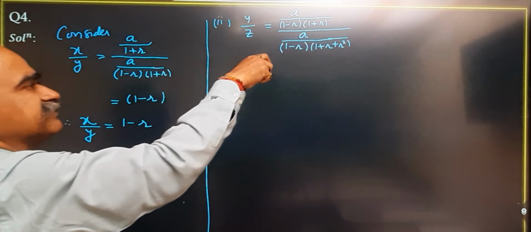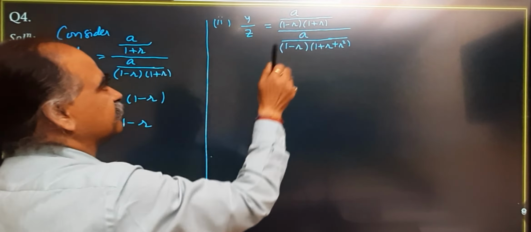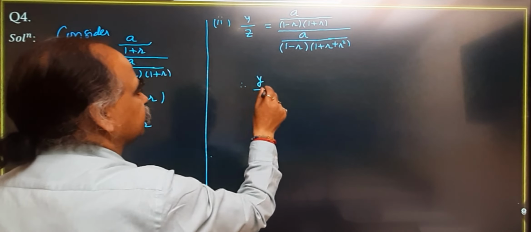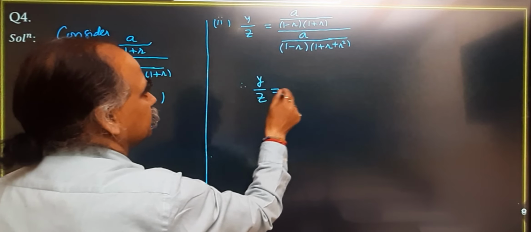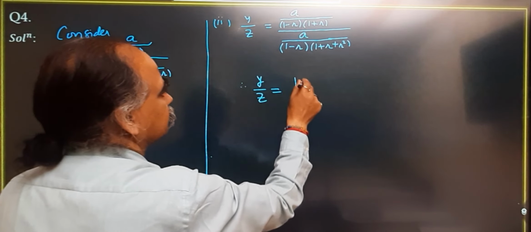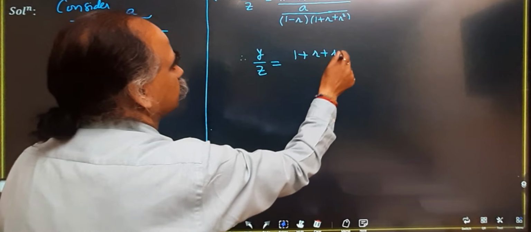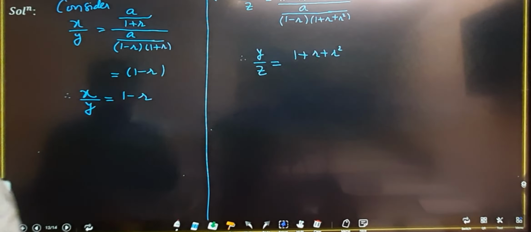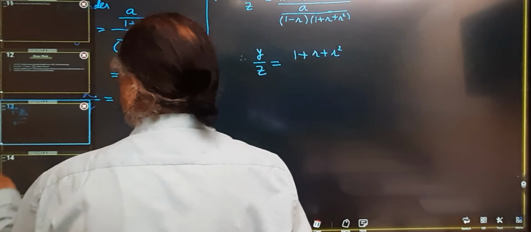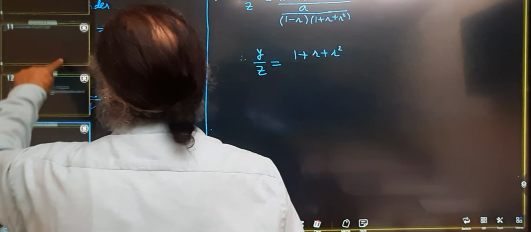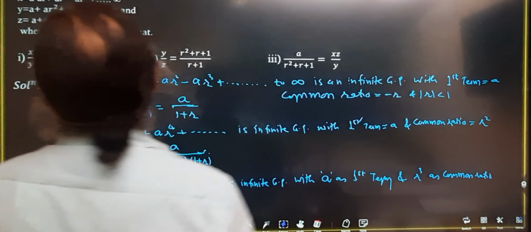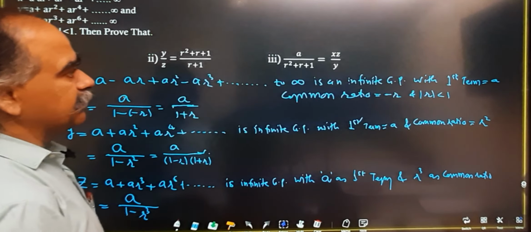Now a upon 1 minus r will get cancelled, and 1 plus r square will go up. This is our second part. You can see here.